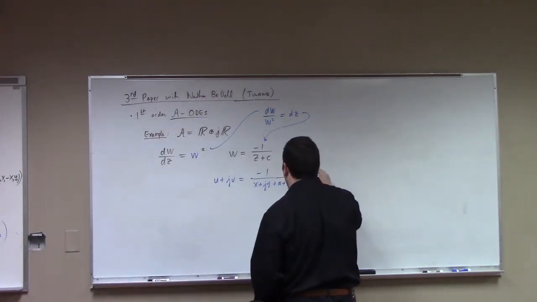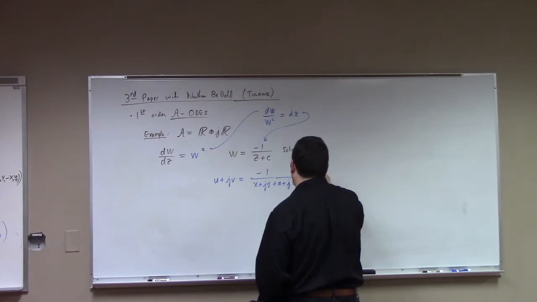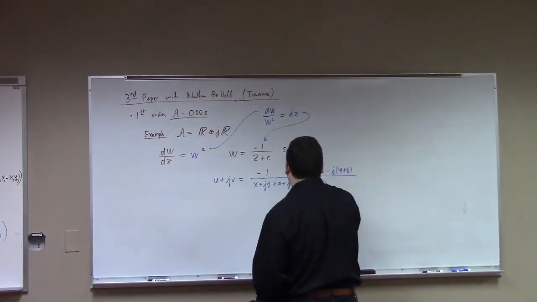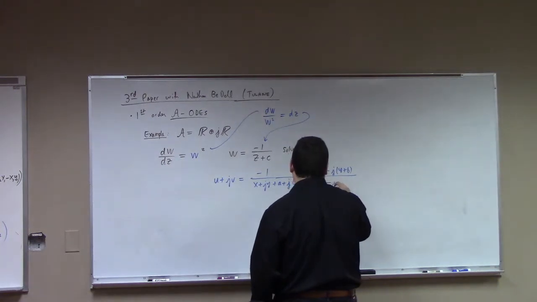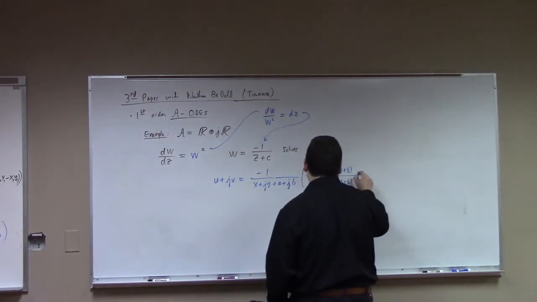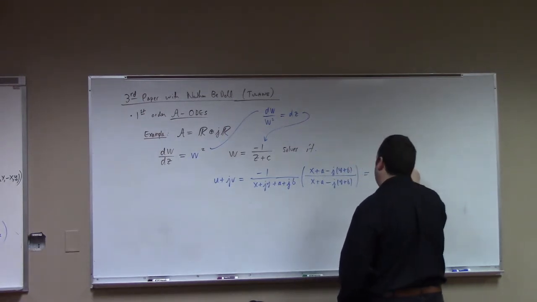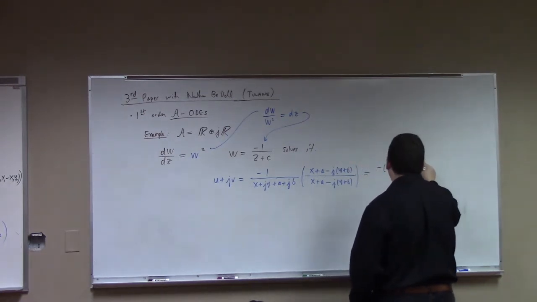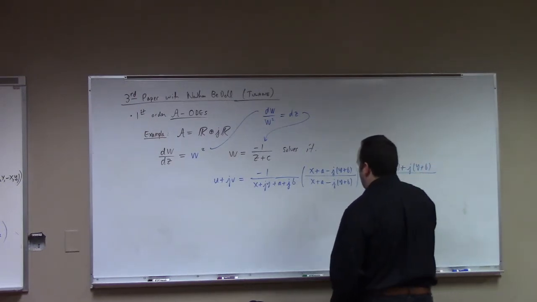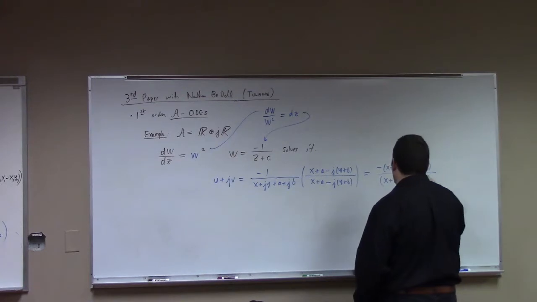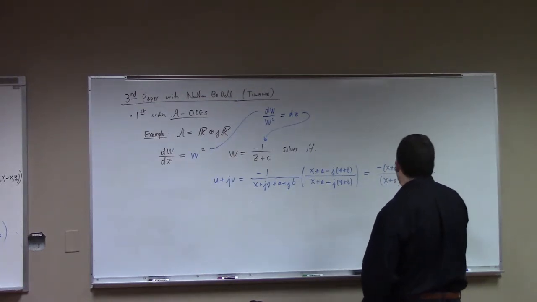So I just multiply by (x plus a) minus j times (y plus b), divided by (x plus a) minus j times (y plus b). And out pops my minus (x plus a) plus j times (y plus b), divided by (x plus a) squared minus (y plus b) squared.